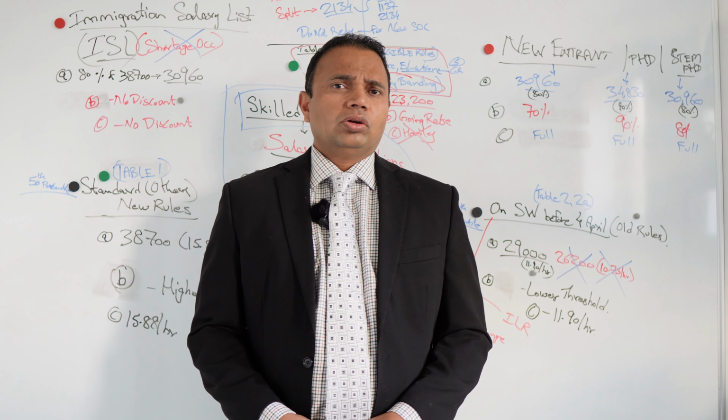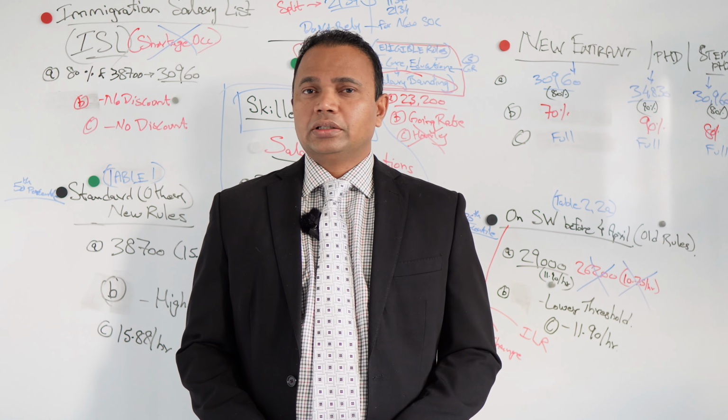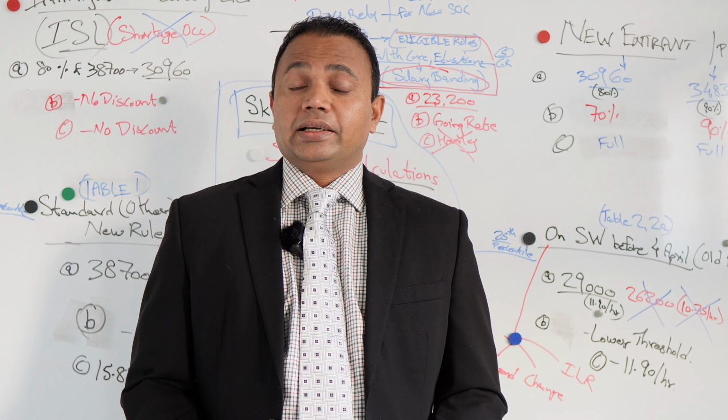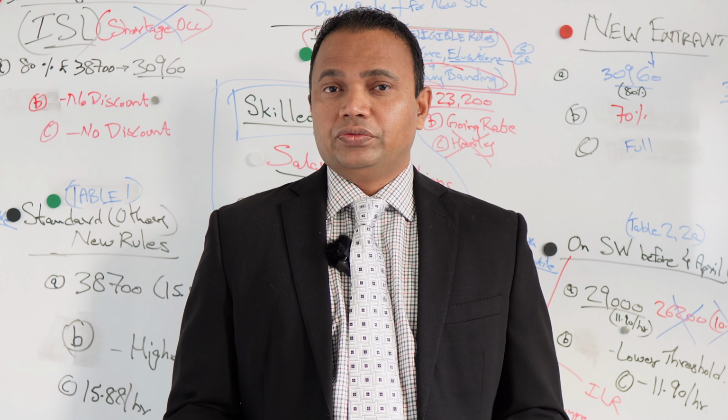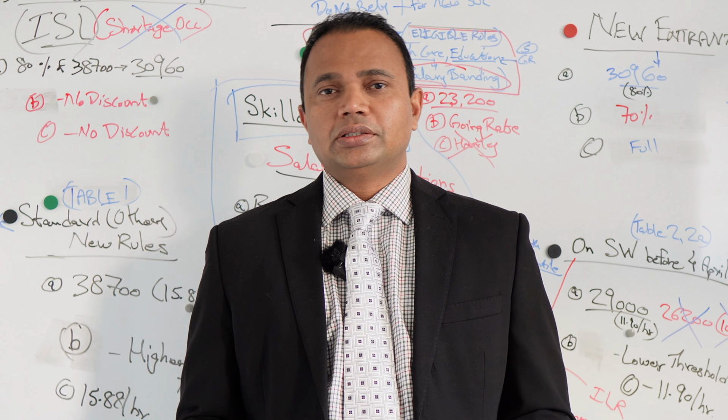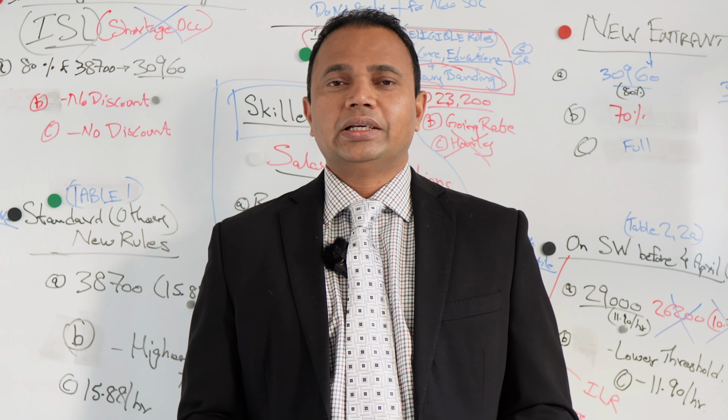On 4th April 2024, this year, there were considerable changes brought about in the salary requirements for the skilled worker visa. And there was a transitional provision for about 3 months. The old rules did apply, etc. And now, I think it's already past 4th July.